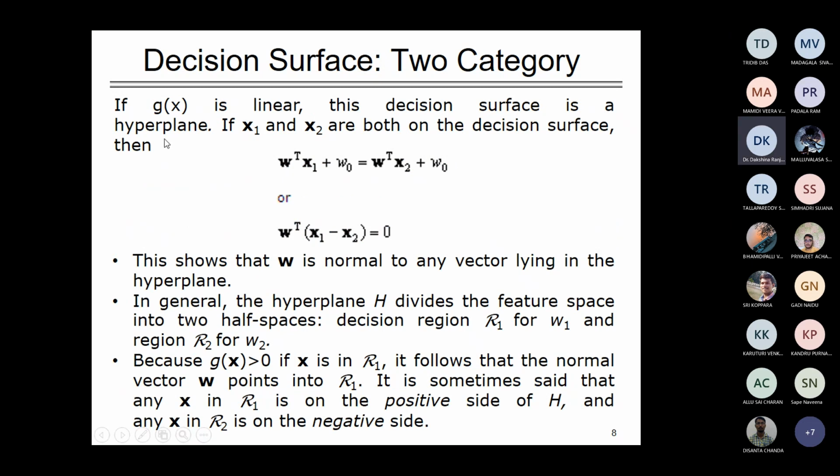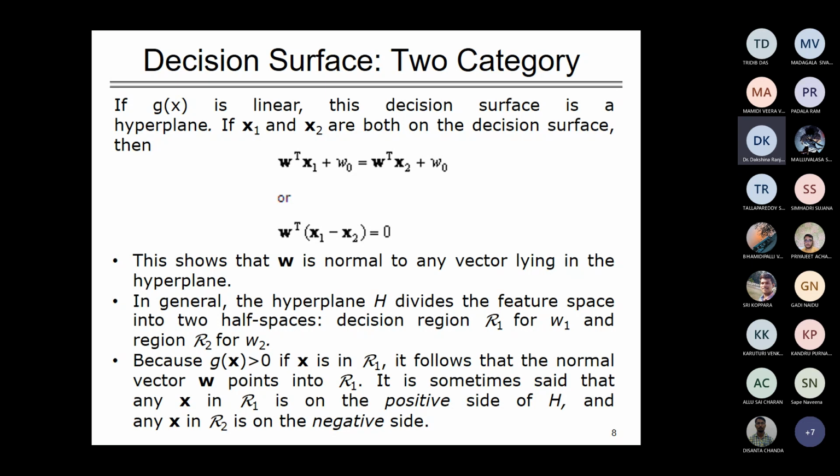Now, if g(x) is linear, then this decision surface is a hyperplane. What we know from our previous discussions is that whenever we have a single, one dimensional feature, we get the decision boundary as a point.